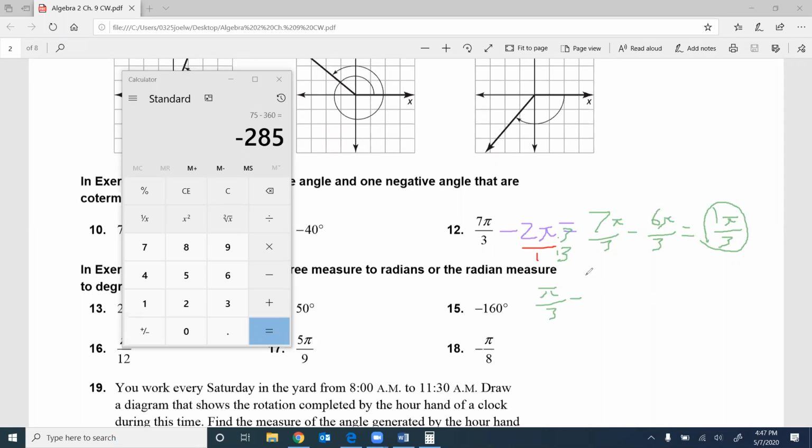Okay, I'm going to write 2 pi up here because I know that I'm going to have to change it to a denominator, and that's going to be the denominator I'm going to change it to. Okay, so 6 pi over 3. Now I get 1 pi minus 6. 1 minus 6 is 5, but negative. Negative 5 pi over 3. And there's my two different angles that satisfy number 12.